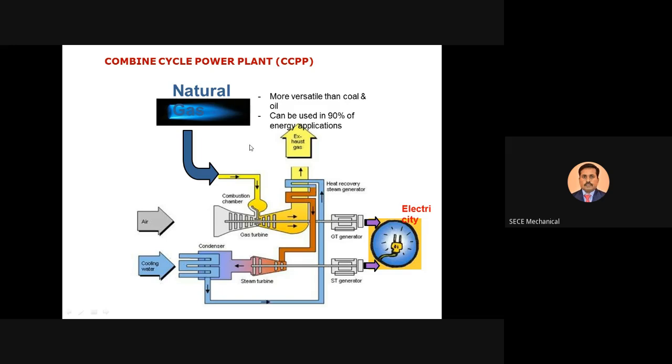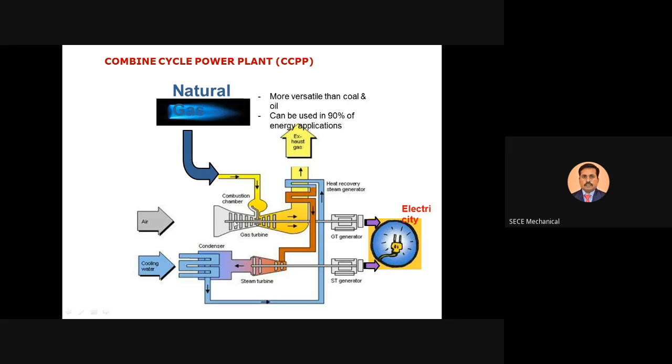So likewise, you can get one power from the GT generator, because with the help of the gas turbine we can develop one power, and with the help of the steam turbine we can get another power. So we can get both powers.